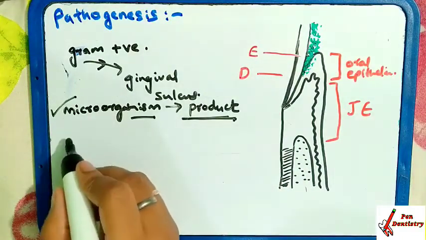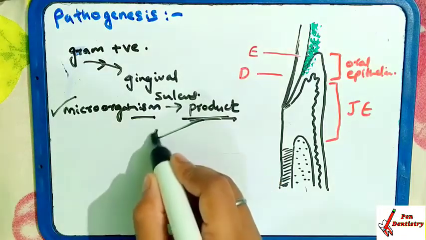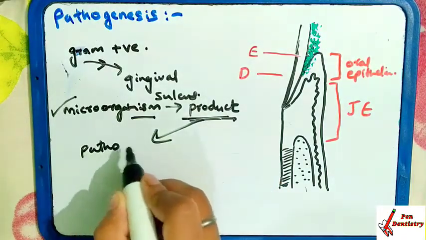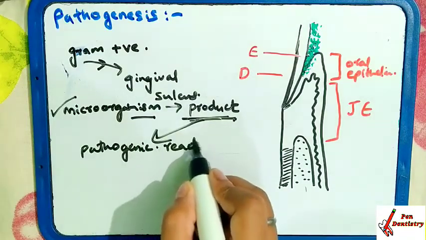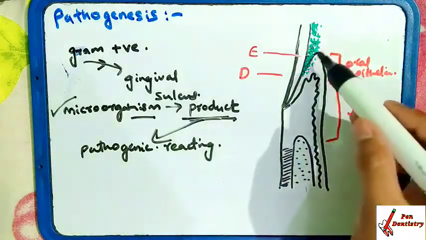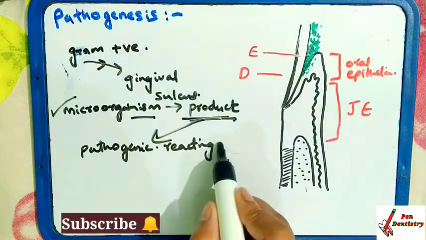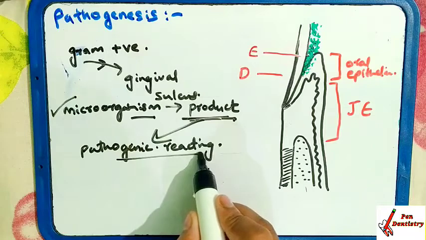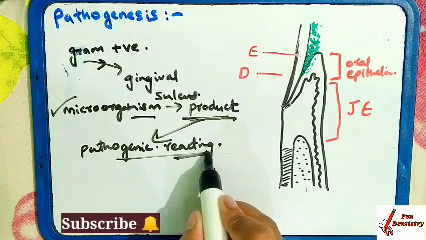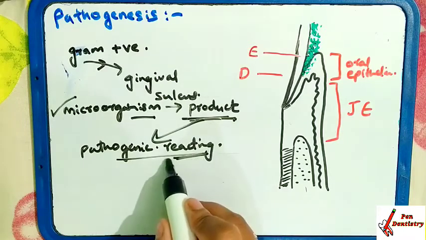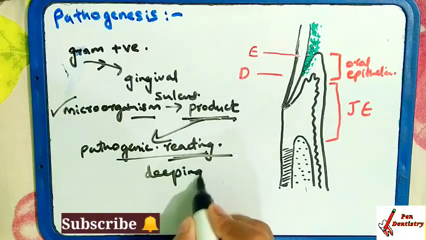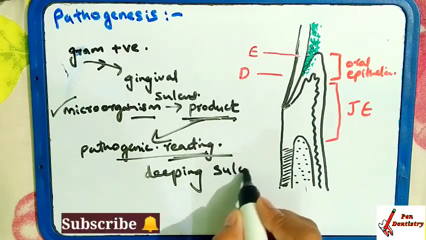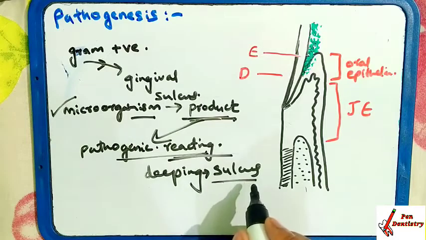These products will cause a pathogenic reaction inside the sulcus or the periodontal pocket. It creates a reacting agent and this leads to the deepening taking place in the sulcus region, which causes the periodontal pocket.